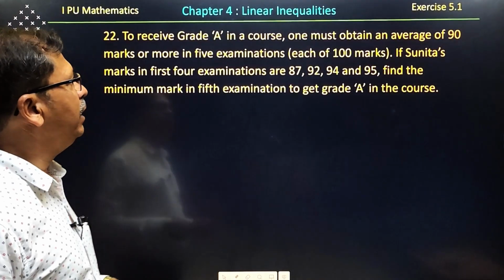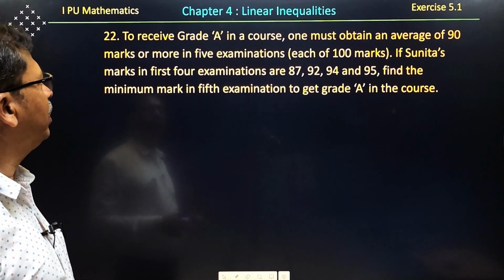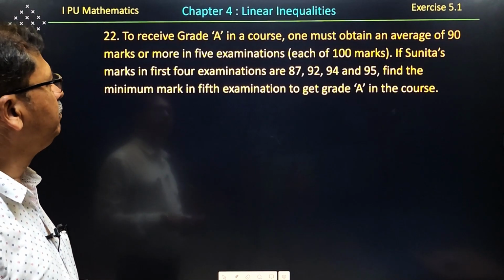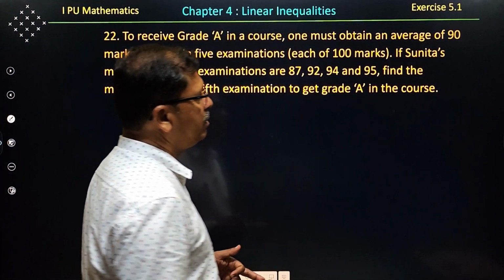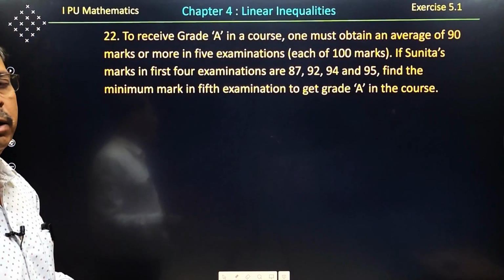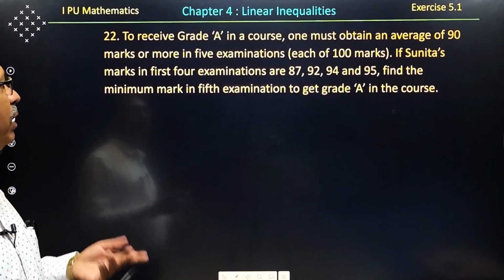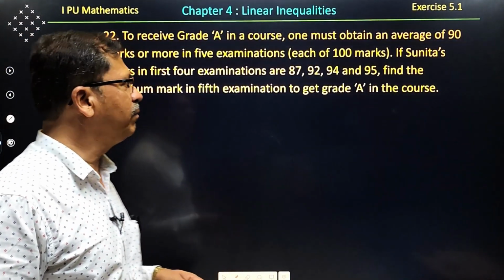To receive a grade A in a course, one must obtain an average of 90 marks or more in 5 examinations, each of 100 marks. If Sunita's marks in the first 4 examinations are given, find the minimum marks in the 5th examination to get grade A in the course. Okay.